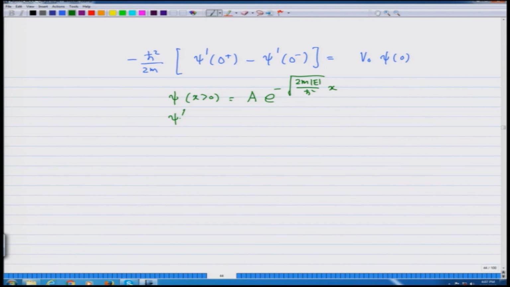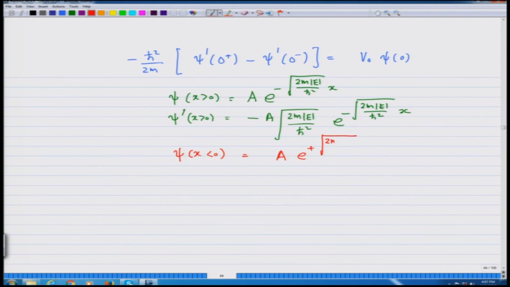Psi prime for x greater than 0 is equal to minus a times square root of 2 m mod e over h cross square e raised to minus square root of 2 m mod e over h cross square x, and psi for x less than 0 is a e raised to plus square root of 2 m mod e over h cross square x, and psi prime for x less than 0 is going to be equal to plus square root of 2 m mod e over h cross square a e raised to square root of 2 m mod e over h cross square x.